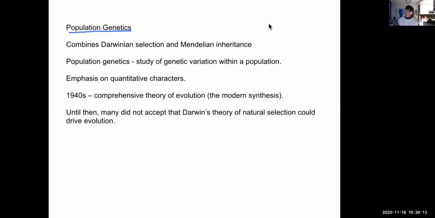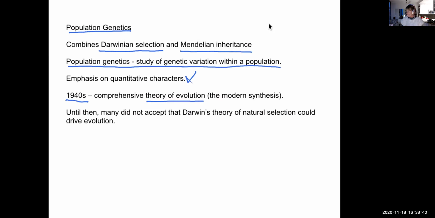So what it does is combine Darwin's idea of selection and Mendelian inheritance. Population genetics is the study of genetic variation in a population. And the emphasis is on quantitative characters because that's what we can measure. Really, this comprehensive theory of evolution was synthesized in the 1940s using Darwin's work and Mendel's work and the work of other scientists as well.